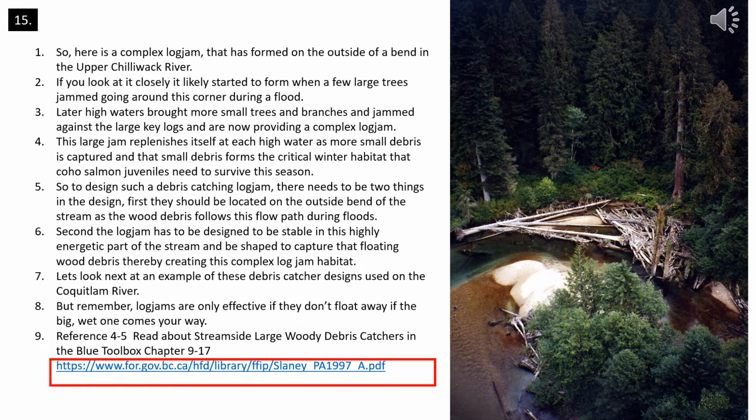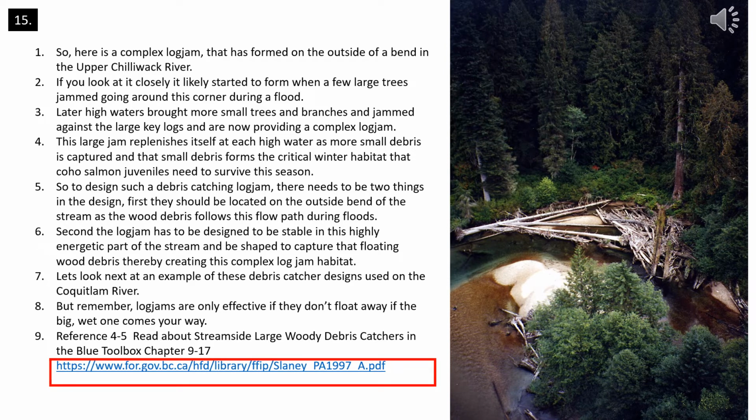So here is a complex log jam that has formed on the outside of a bend in the upper Chilliwack River. Now, if you look at it closely, it likely started to form when a few large trees jammed going around this corner during a flood.